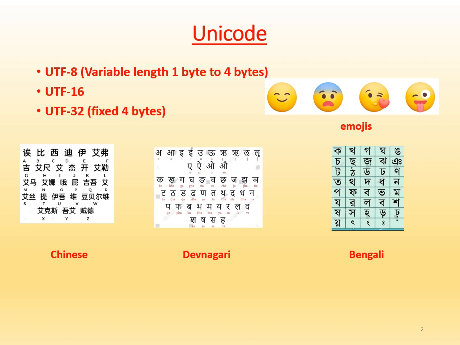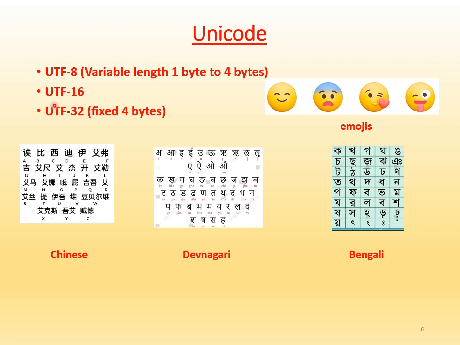It will take 1 byte for the predominant English language, because English was the first language the computer used. And for Bengali, it will give 4 bytes. So to store something in Bengali, it will take more memory and more bandwidth than that of English.